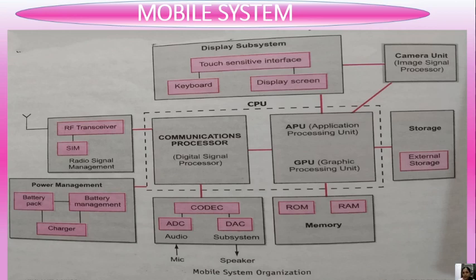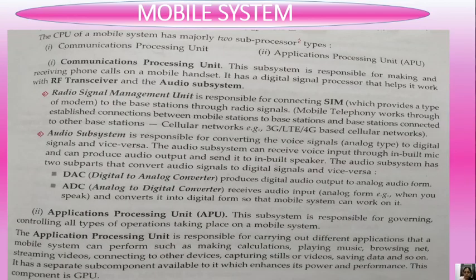So this is just an image. Now here we will discuss about mobile system's CPU, or we can say the CPU of a mobile system, and it has majorly two sub-processor types.